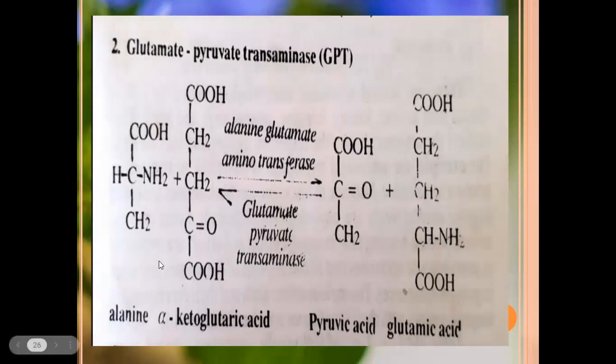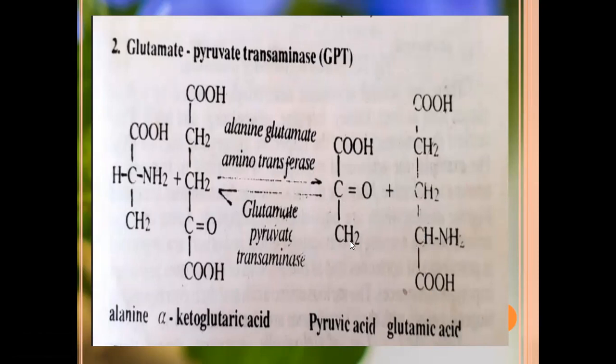Here the amino group of alanine is transferred to alpha ketoglutaric acid with the help of alanine glutamate aminotransferase. After the reaction, alanine converts into pyruvic acid, and alpha ketoglutaric acid converts into glutamic acid. These are the newly synthesized products.